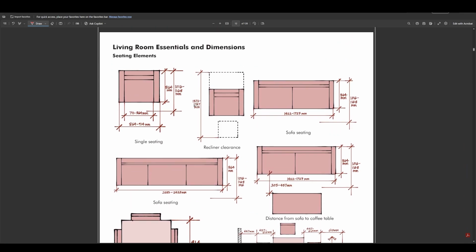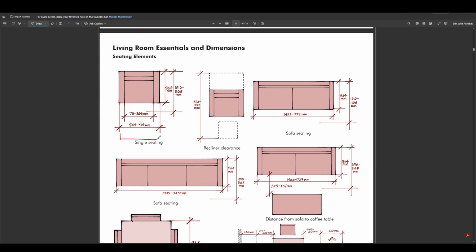So again, a single sitting is like 900 by 800, 1000. So it varies because if you go to the market, there are multiple brands, multiple manufacturers who manufacture these furnitures.